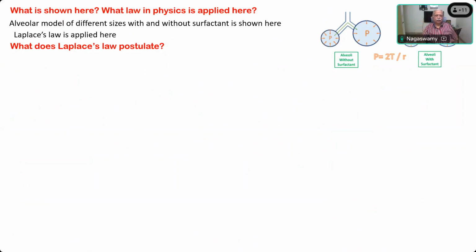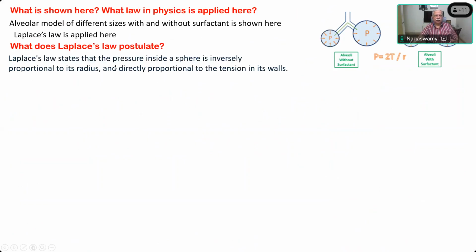So the pressure, how does it change in relation to tension and radius? That is what is being described in this. Laplace's law states that pressure inside a sphere or a tube is inversely proportional to the radius. That is, if the radius becomes longer, pressure becomes smaller. If the radius is shorter, pressure becomes higher.